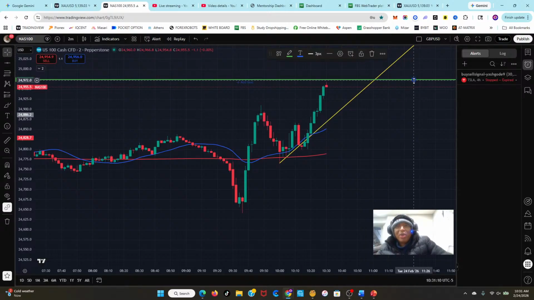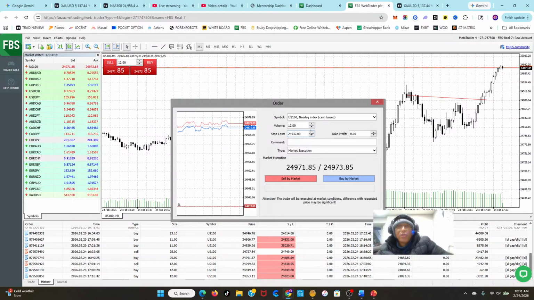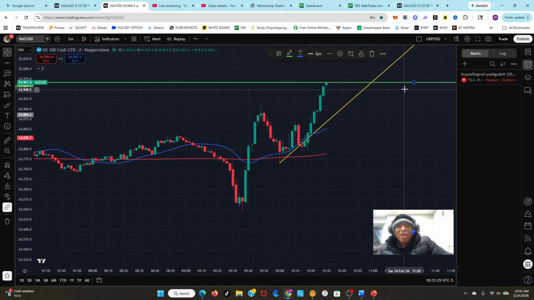Okay, so now I think we are seeing the red, but 24,967. So we can put 970 there. That's our stop loss. No, it's still continuing.